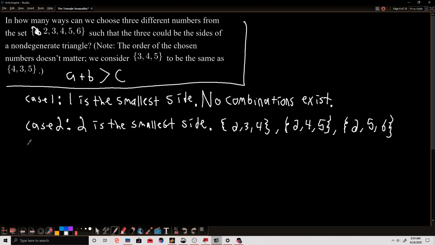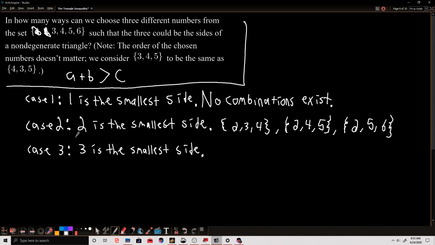So let's do case 3 now. 3 is the smallest side. Well, we can't use 2 anymore since 3 is the smallest side.